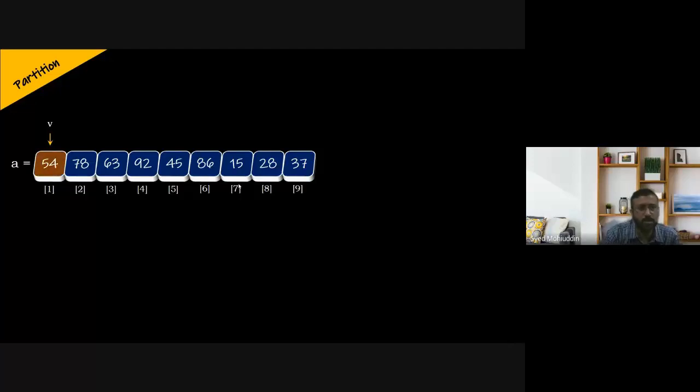So we have a variable v which we consider as the pivot element, that is the first element of the array. Then we use a variable i which will be pointing to the element at index 1. Then we add an extra element at the end of the array, so its index will be 10.